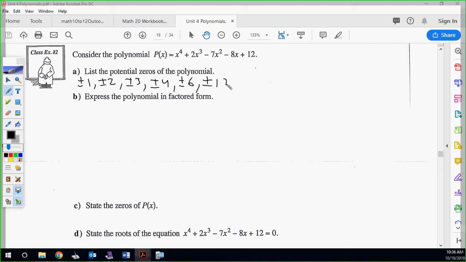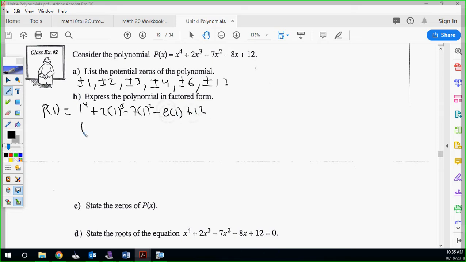Okay, so express the polynomial in factored form. So we want to go ahead and test a couple of zeros to find a 0 now. Okay, so let's just start with 1. I think this one works, which isn't always going to happen. But if I'm going to try p of 1, I get 1 to the 4th plus 2 times 1 cubed minus 7 times 1 minus 8 times 1 plus 12.